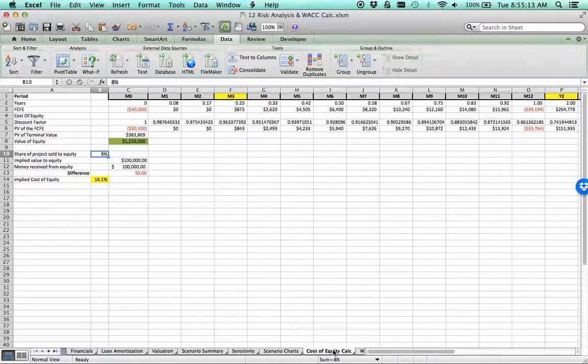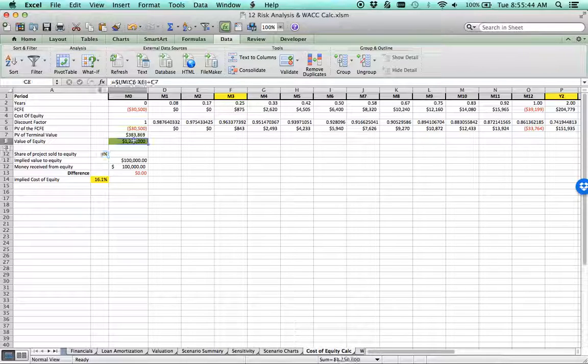I've created a cost of equity sheet, all right? And that cost of equity sheet does all of the same sort of internal rate of return stuff that we did to calculate equity in the first place, except now I've added something here that allows you to say, okay, let's say that this was the value of equity, which is just determined by whatever your implied cost of equity is. And you've added to that what percentage of the overall project is going to go to the equity holder.